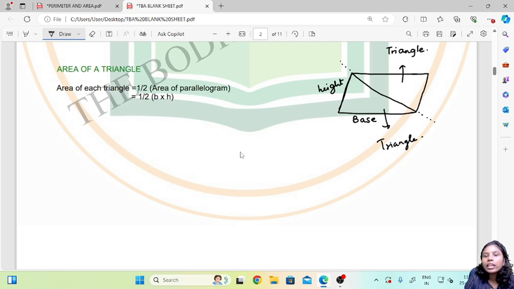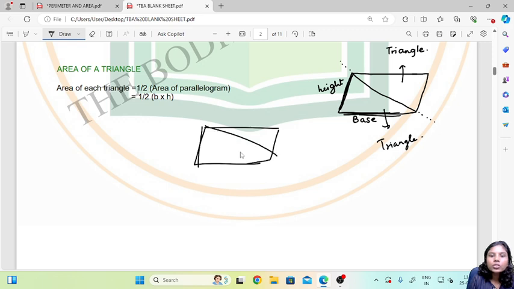So in the same way in a triangle also we have the height and the base over here. Because we have a parallelogram like this, this becomes the half. These are two triangles, right? And then we have the height over here and the base over here.